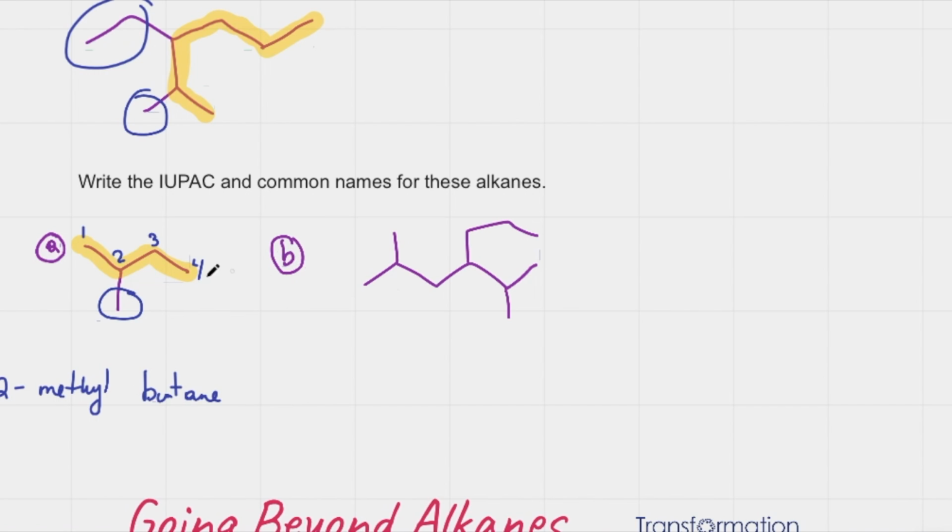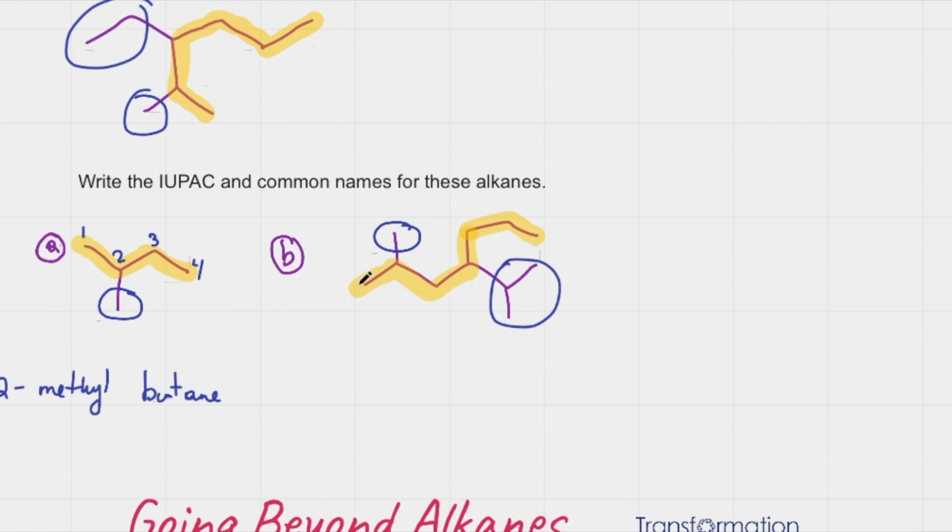For B, let's go ahead and find the longest carbon chain. 1, 2, 3, 4, 5, 6. 1, 2, 3, 4, 5, 6, 7. So this is longer. And let's highlight it. Which end is closest to the first substituent? So let's look at our substituents.